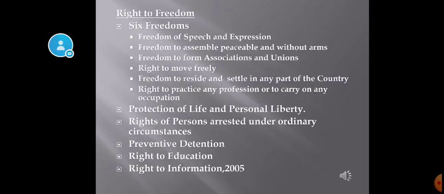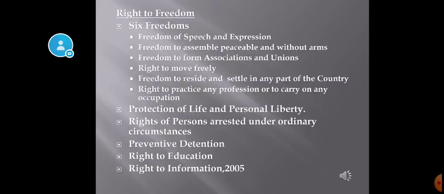It means the person has a right to ask the law why he was arrested. Second, he shall have the right to be defended by a lawyer of his choice. Third, he has the right to be produced before the nearest magistrate within 24 hours of such arrest.